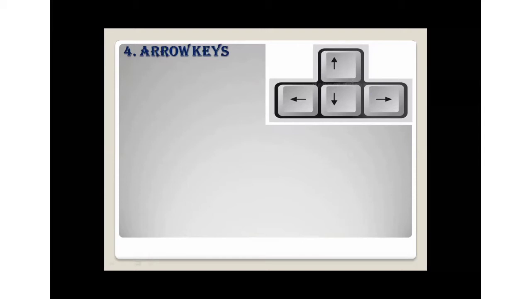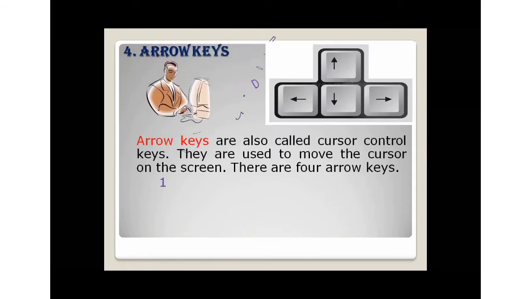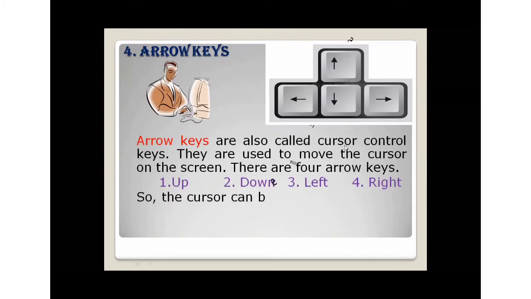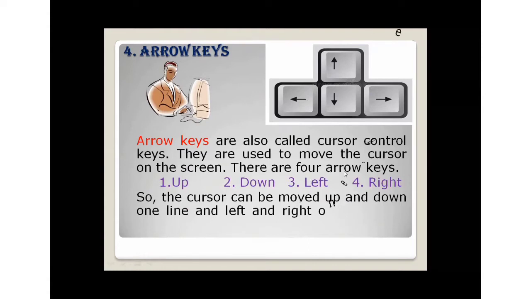This is the arrow key. Arrow keys are also called cursor control keys. They are used to move the cursor on the screen. There are 4 arrow keys: up, down, left, right.